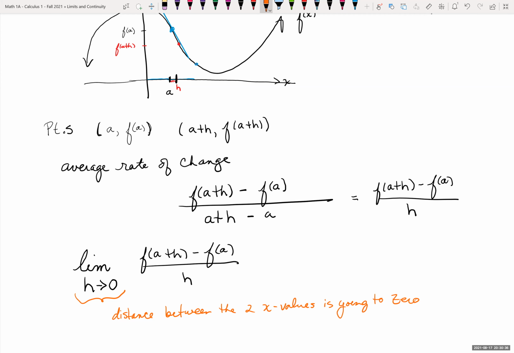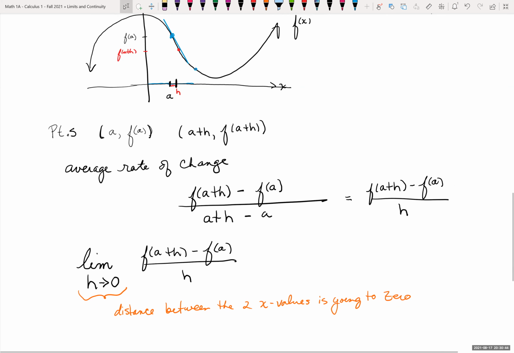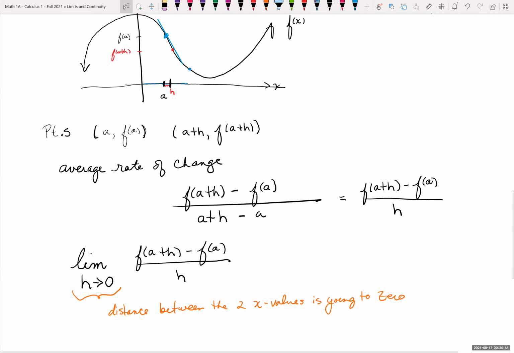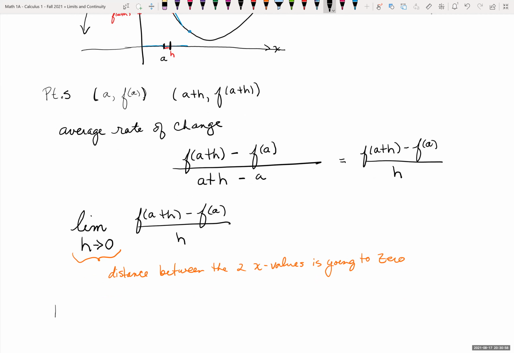So this actually is part of the formal definition of derivatives, but we'll learn that later. And we'll talk more about this notation a little later too. This hopefully looks a little bit familiar to you. I don't know if you guys remember back in algebra, the difference quotient.